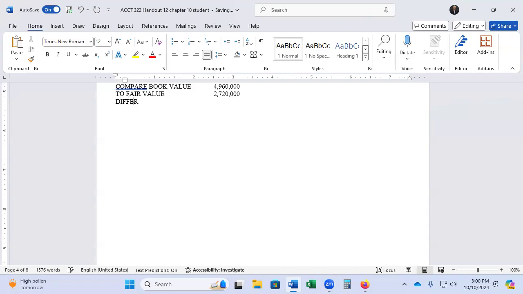The difference is a loss, and I have 2,240,000. So our entry is a debit to the loss on impairment and a credit to accumulated depreciation, both for the $2.24 million.